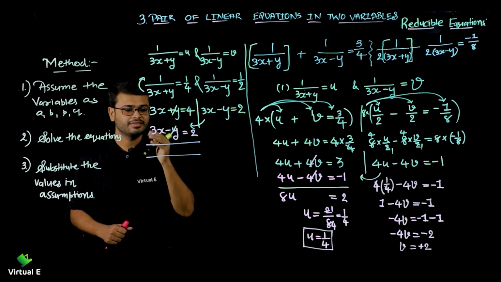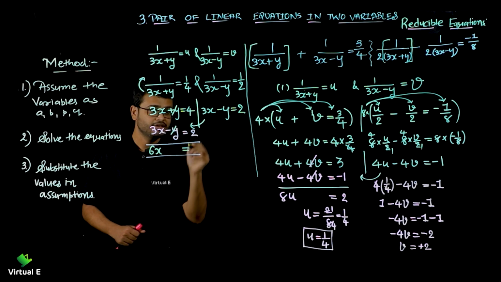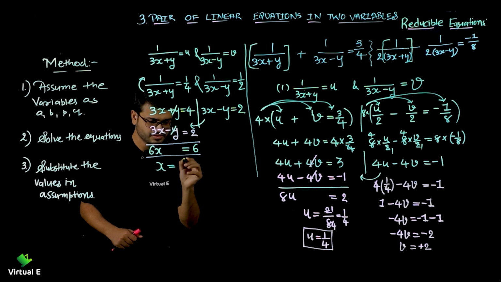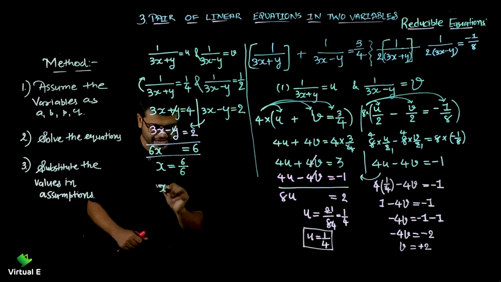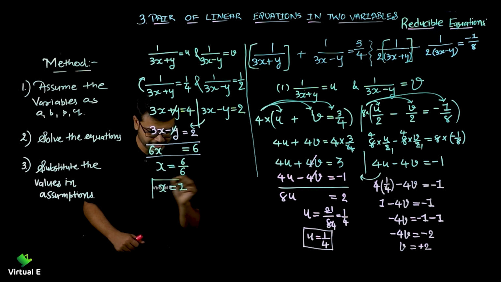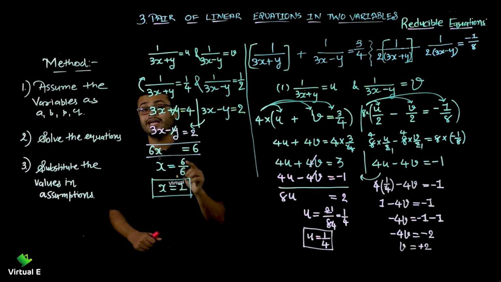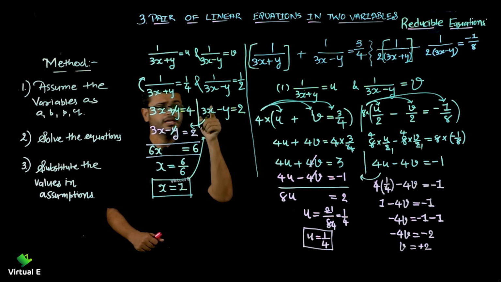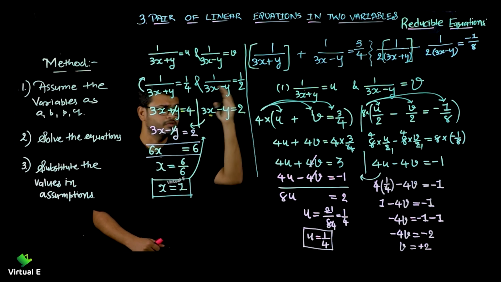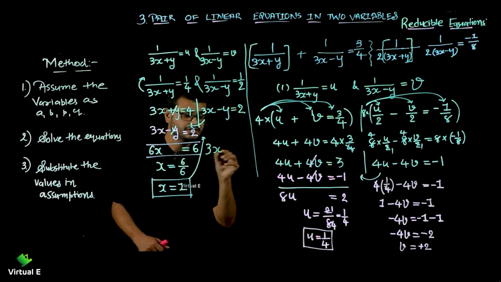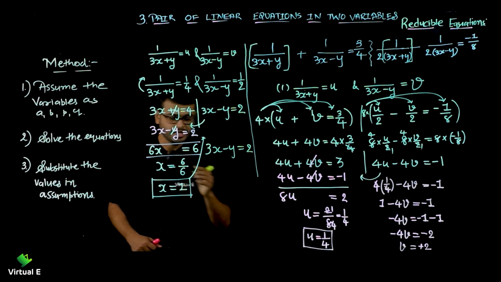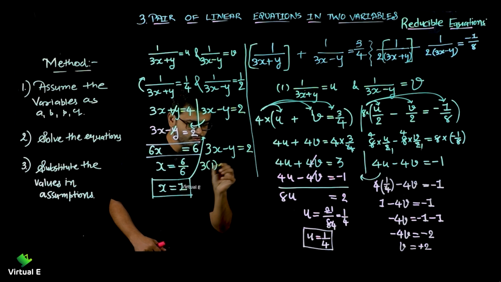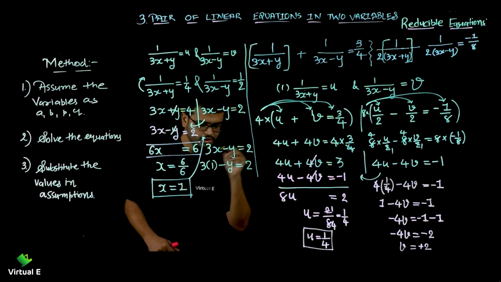So what's left? 3 and 3, that is 6x, and 4 and 2, which is 6. So if I want the value of x, it is 6 over 6, so x is equal to 1. That is my final solution for x. I need the value of y, so I'm going to substitute this value of x in the equation 3x minus y is equal to 2. So 3 into 1 minus y is equal to 2.